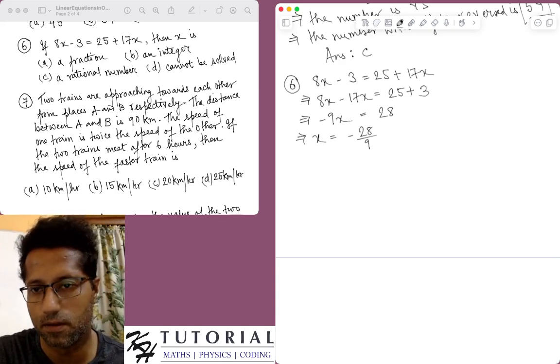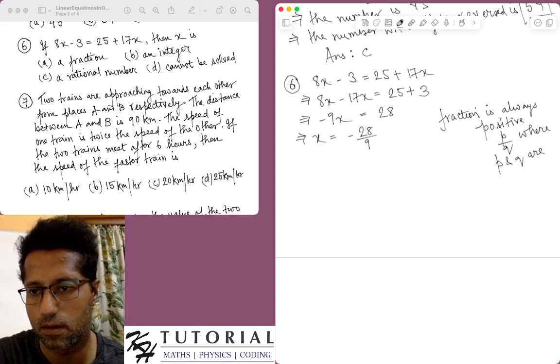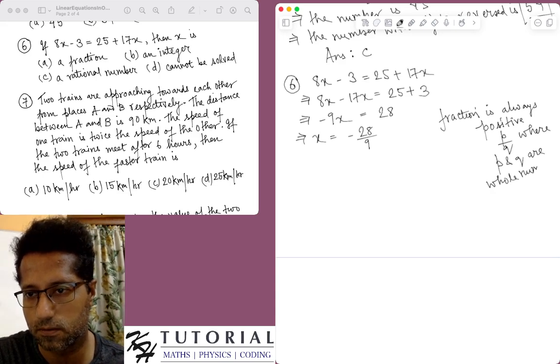Now please remember that a fraction is always positive, because a fraction is of the form p by q, where p and q are whole numbers, but q is not equal to 0.